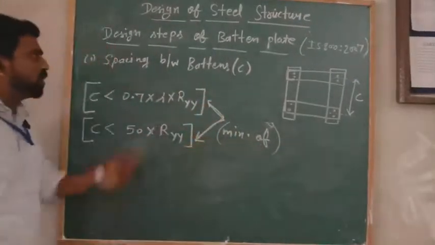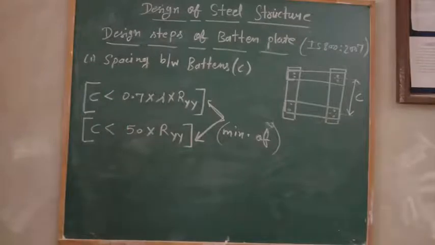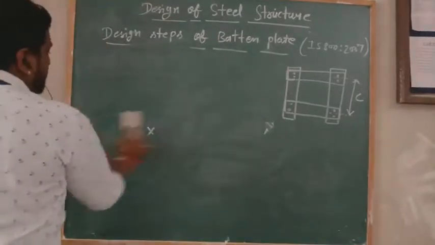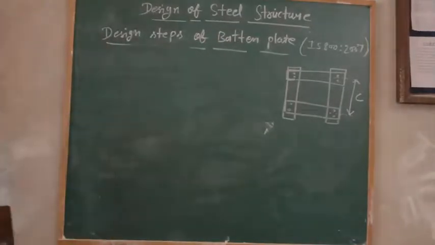Now the third step of designing the batten member is to find the size of end batten. What is end batten and intermediate batten? I can explain here. Suppose a batten is in the middle of these columns.